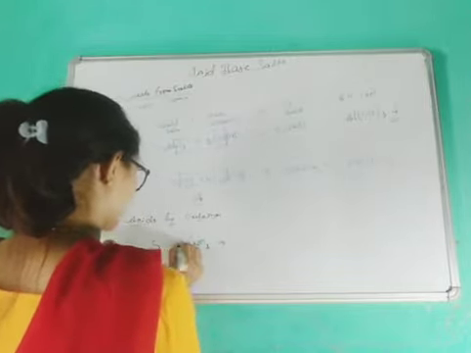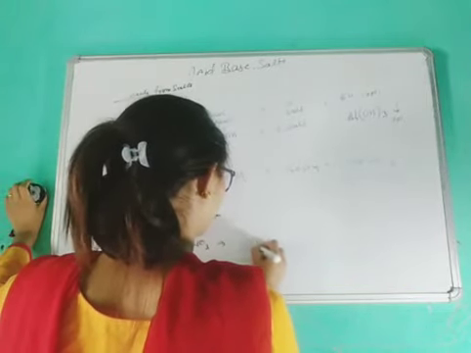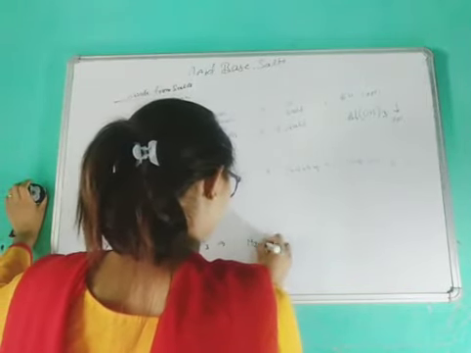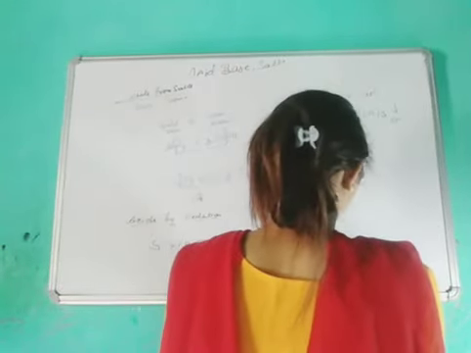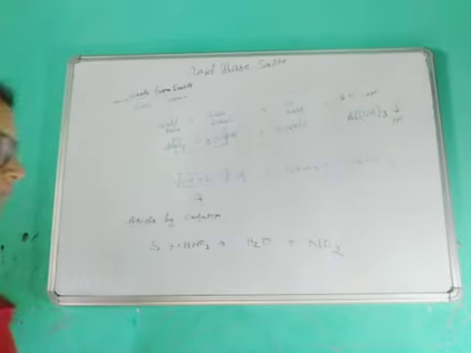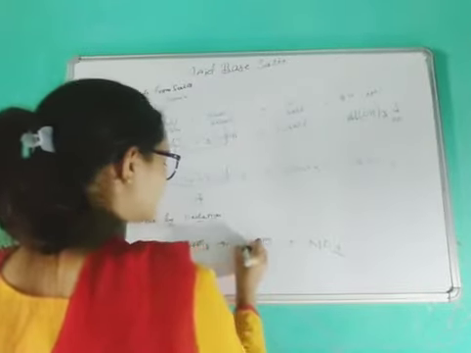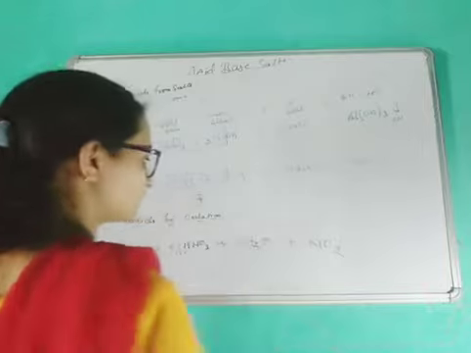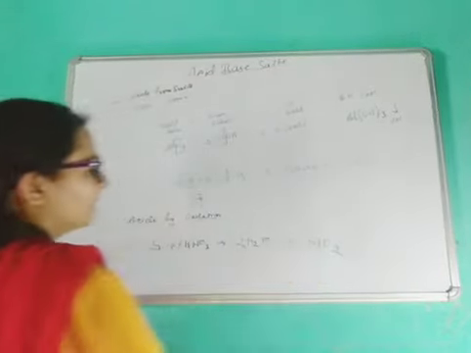It will give you H2O, water molecule, and NO2. Okay, this is NO2, nitrogen dioxide. Nitrogen dioxide and water. So there will be 2 molecules of H2O and 6 molecules of NO2. You have to balance the reaction.